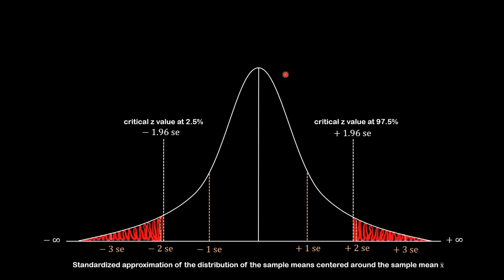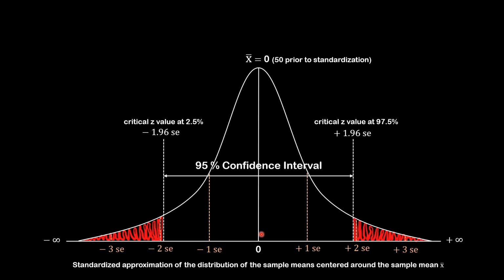Whereas when building confidence intervals, we put the sample mean x bar at the center of the distribution of the sample means, and we say that we are 95% confident that the true population mean falls within this confidence interval. And a confidence interval is just a range of plausible values for the population mean, which remains unknown.